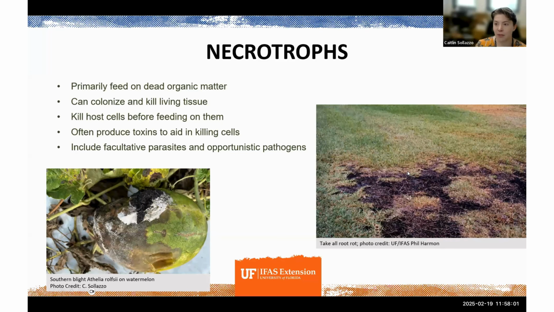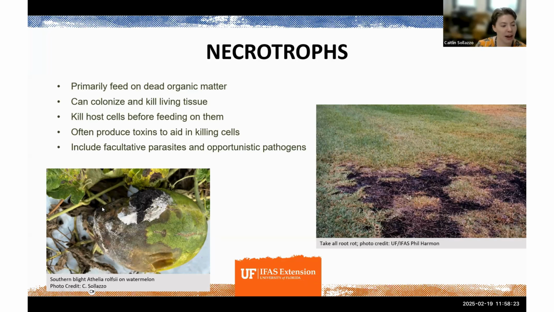If you send me a sample of a St. Augustine lawn in the summer, I guarantee I will be able to find the fungi that causes take-all root rot. However, it does not usually progress to this stage unless there's some environmental condition, a lot of times compaction or drought or some other thing. So they are more opportunistic.